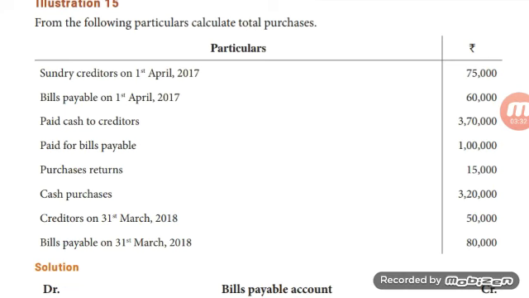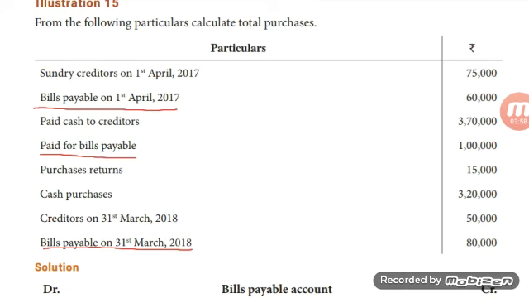Okay, draw bills payable account. Then enter the items which affect bills payable on the account. The amount on bills payable are bills payable on 1st April 2017. It can be entered on the account as by balance brought down.